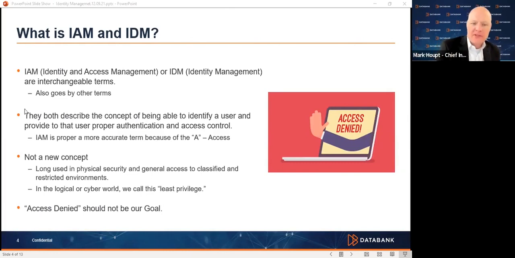Keep in mind that this is not a new concept. Again, I talked about it just a moment ago. This concept goes back hundreds of years, and in the cyber world, it goes back to a 1994 collegiate paper on least privilege. What our goal should be is not access denied, though. Unfortunately, a lot of times CISOs have the term applied to them. It's called CISO.